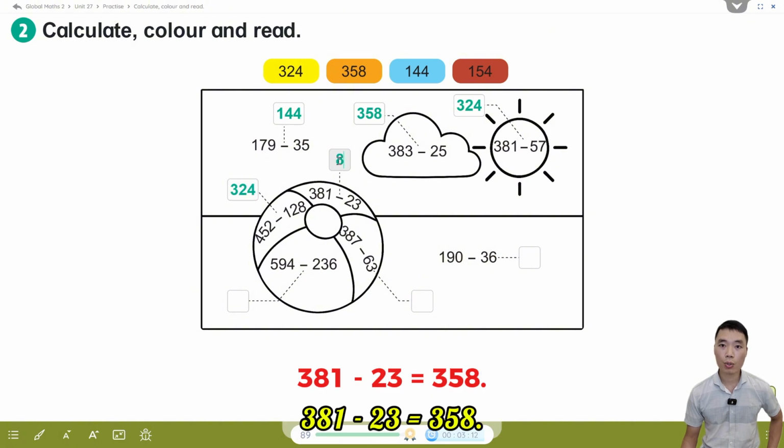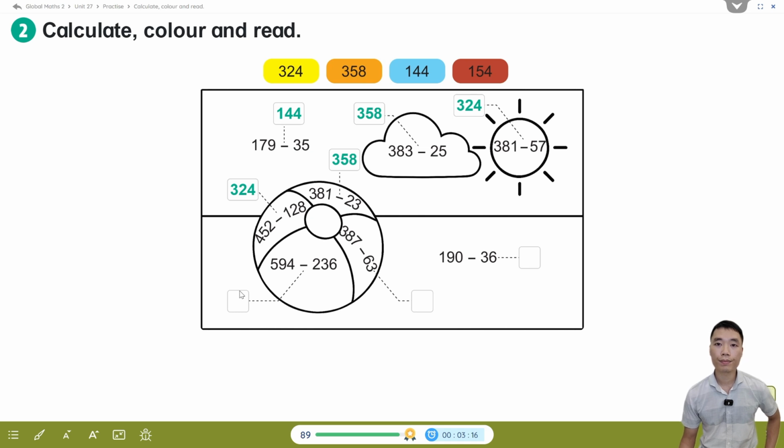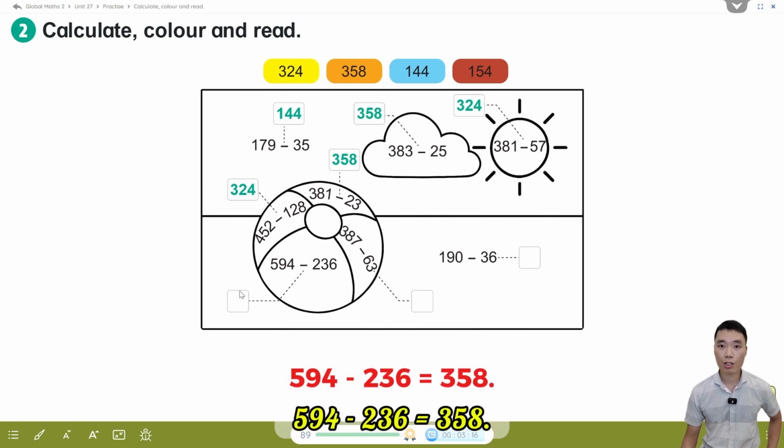381 minus 23 equals 358. Color this part orange. 594 minus 236 equals 358.